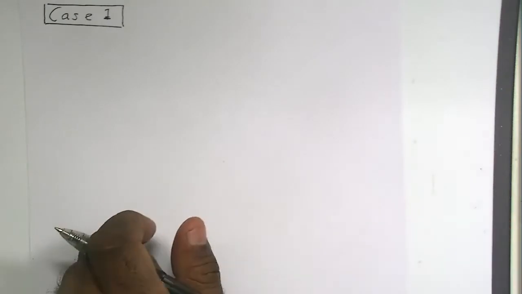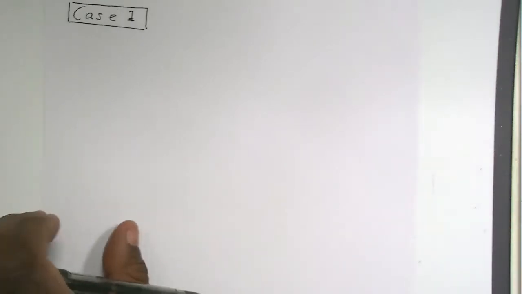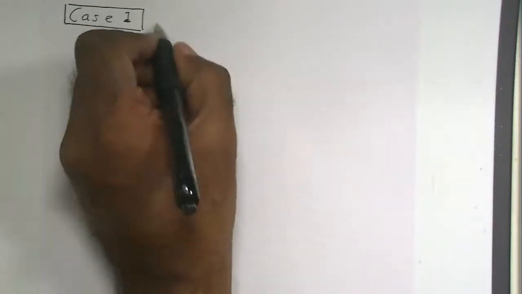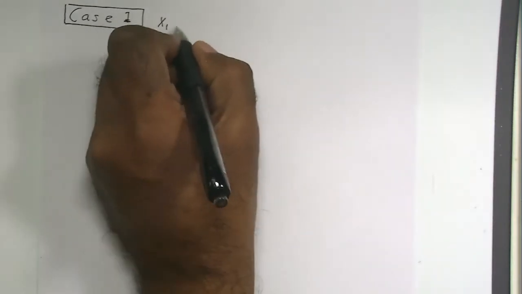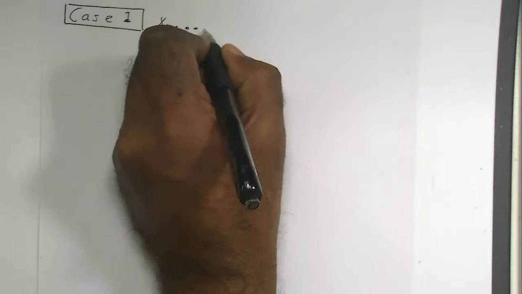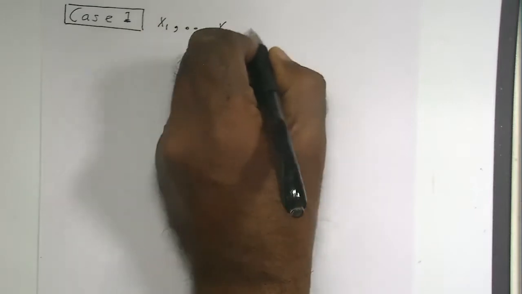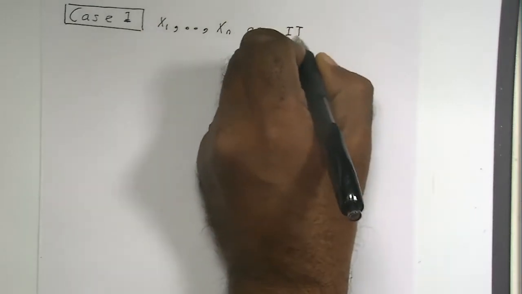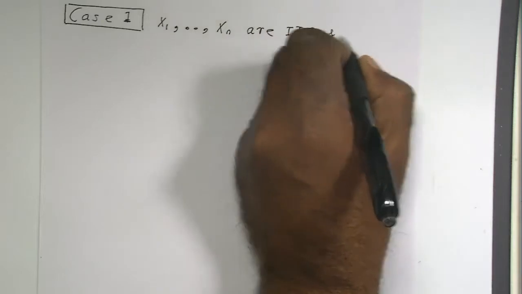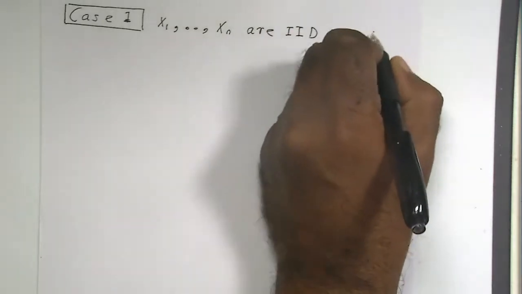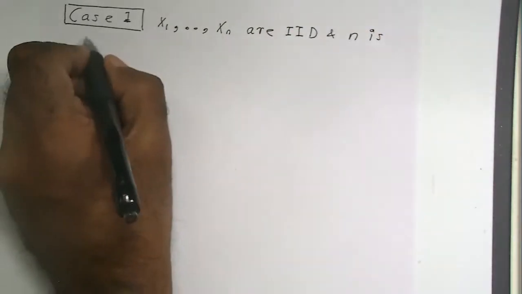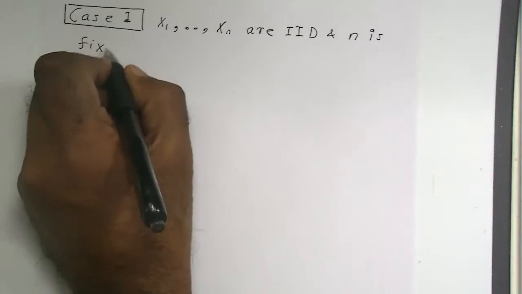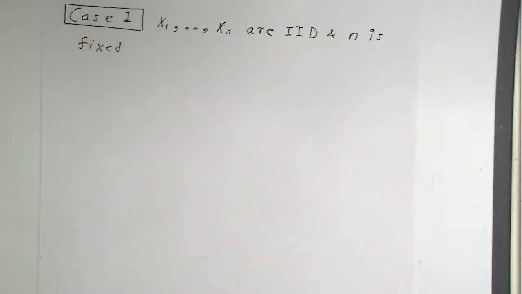Just to remind you that x1 to xn are IID and n is fixed. Okay, this is case 1.